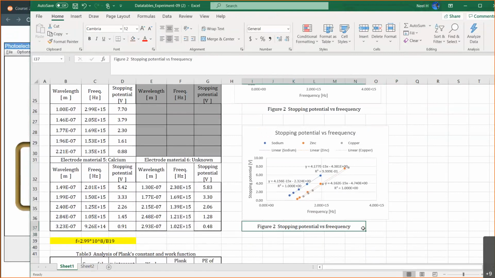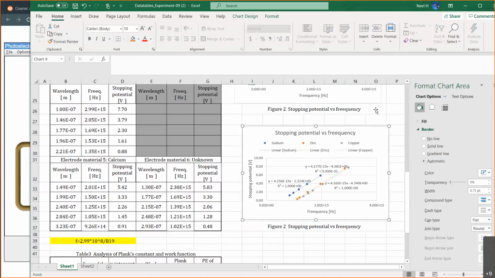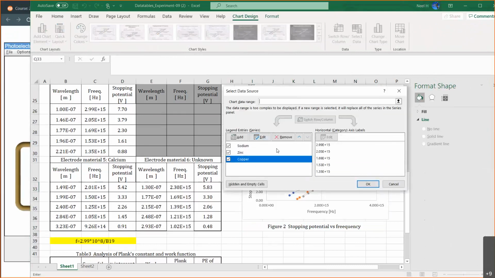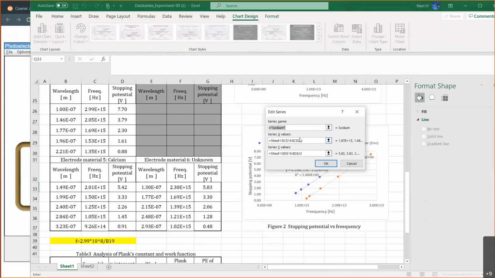And then let's add new data. To do that, double click on here, select data, and then remove one of them. The other two we will edit. So edit sodium, you have to say now the new one is copper, series name copper.